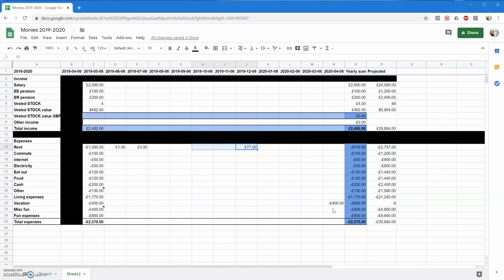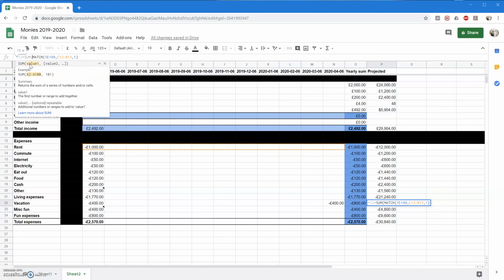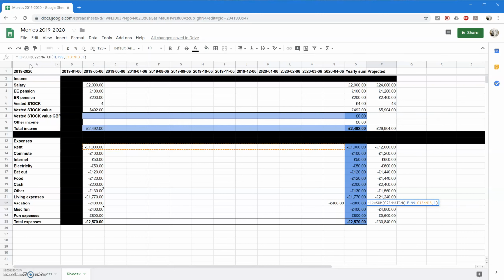So if we use it like that, then we can take 12 times the sum of C22 to N22 divided by that number.